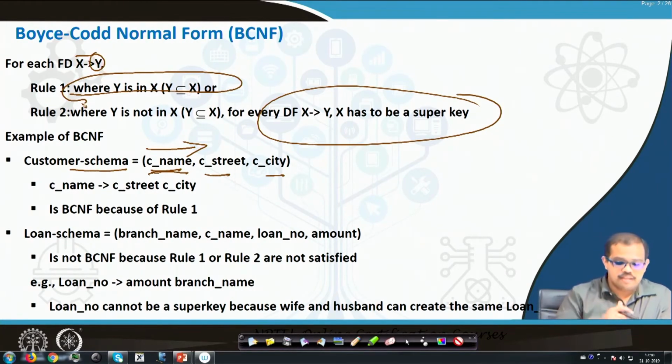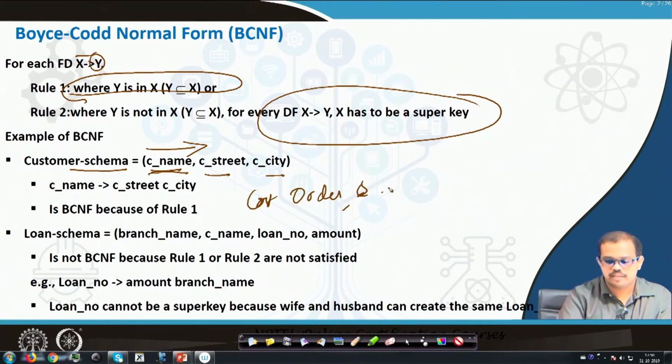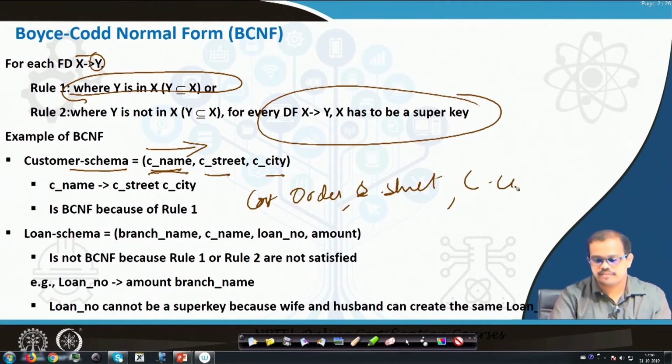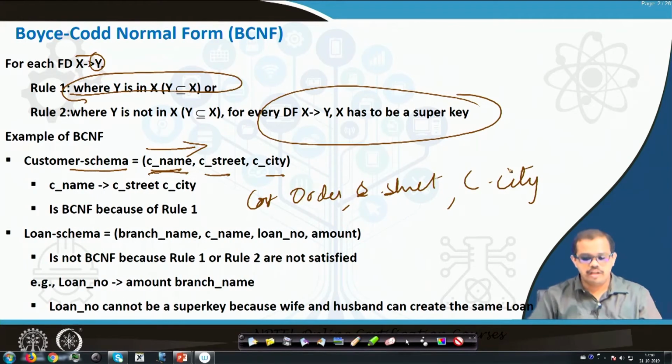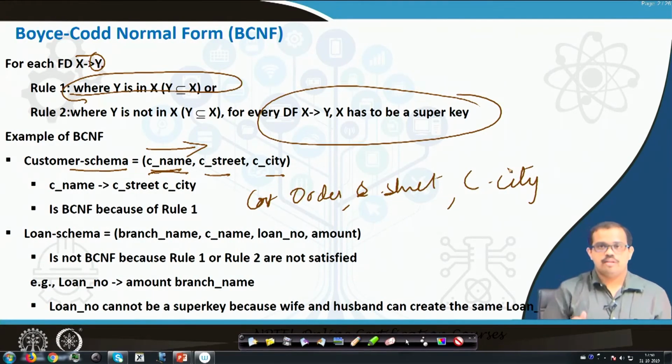But if you have something like this, for example, order ID depending on customer street and customer city, what does it mean? Now, the order of a particular item is dependent on the street and city where it is being delivered.